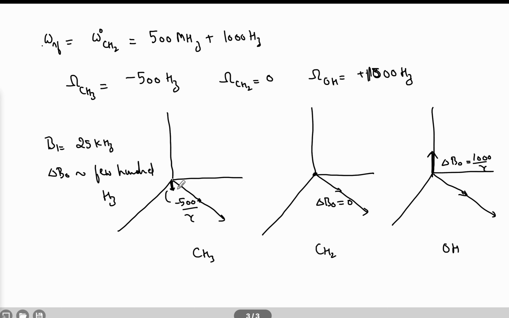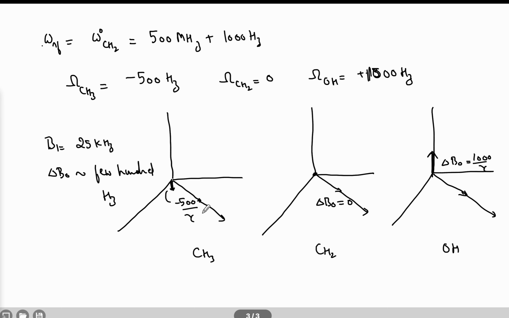But now, a little bit of delta B naught would affect the B effective. So B effective will be different here than here, right? So there will be a small effect of that delta B naught onto the resonance positions or the chemical shift values. We will see what chemical shift is a little later. The magnetization will precess about that B effective, which will be a little different.